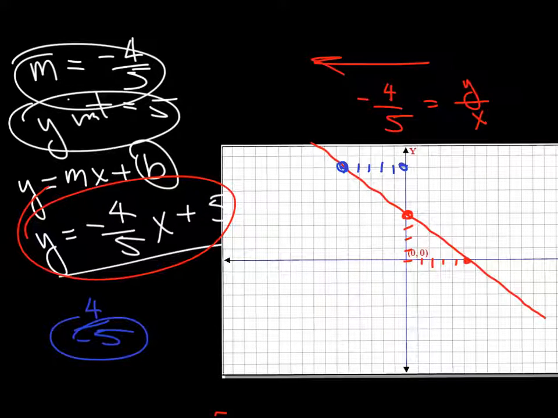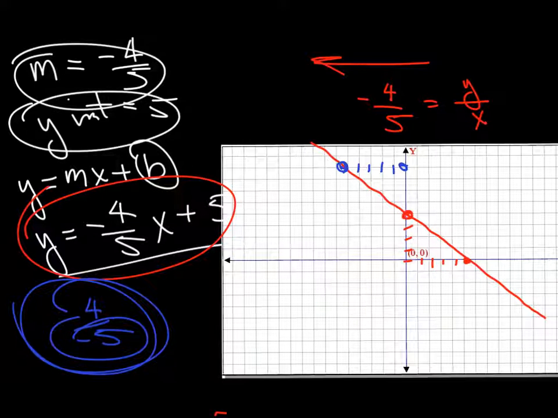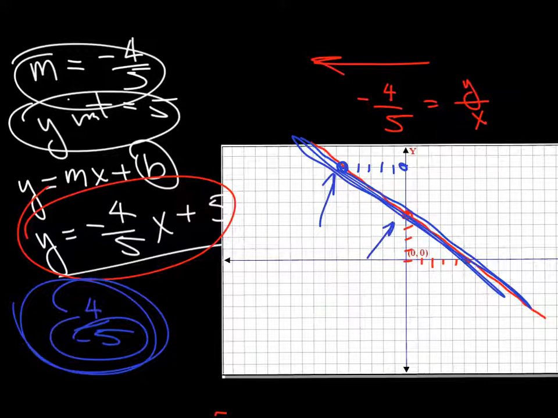So if I use this point and this point and draw the line, I get the same line. It doesn't matter if you make the top number negative or the bottom number negative. If you're wondering where the negative goes, it doesn't matter. Put it on one or the other and make the other one positive, and it'll still give you the same line.